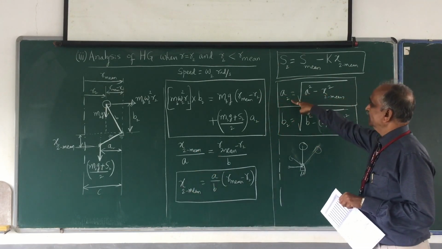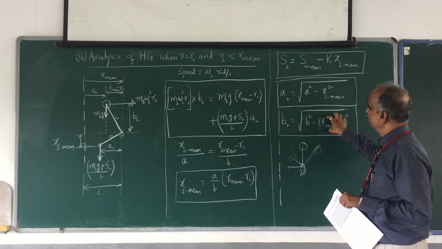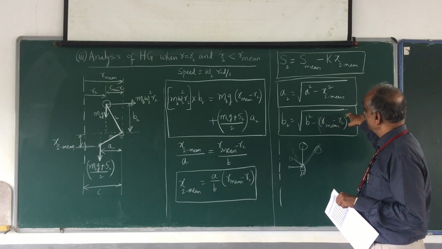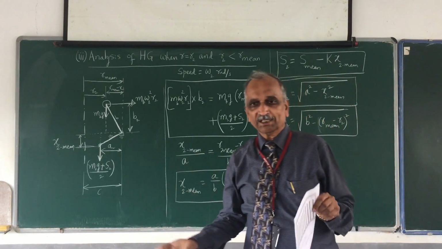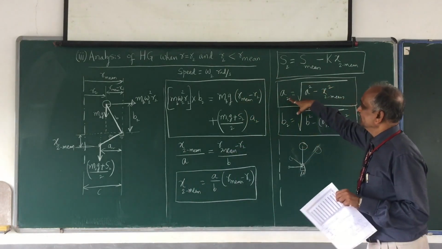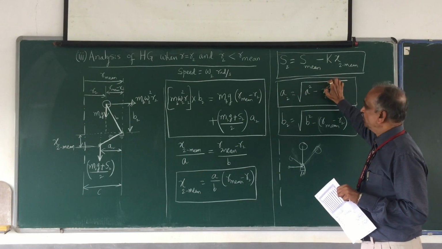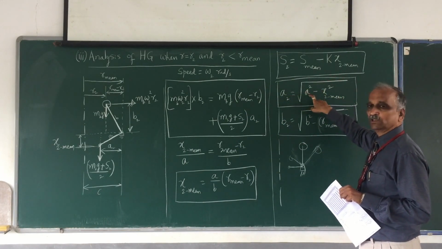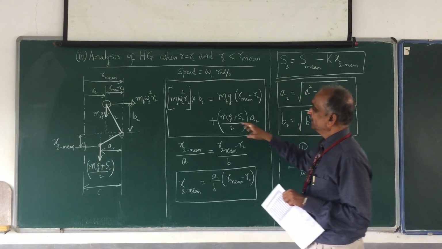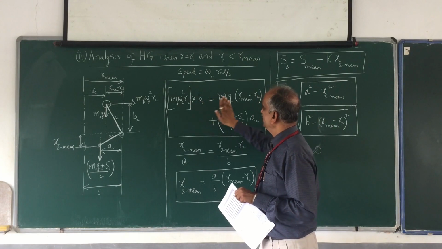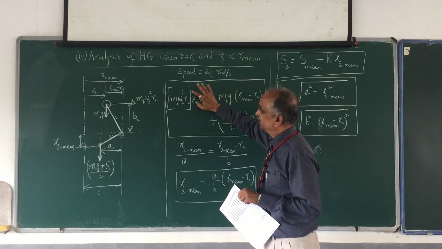In that case you have the square of a smaller value, which is still smaller, so A2 is the square root of A square minus a very small value. A2 is almost equal to A, and B2 is equal to B. So B2 becomes B and A2 becomes A, and this becomes 0, and therefore you have only this and this.